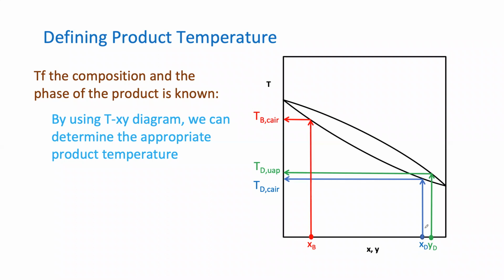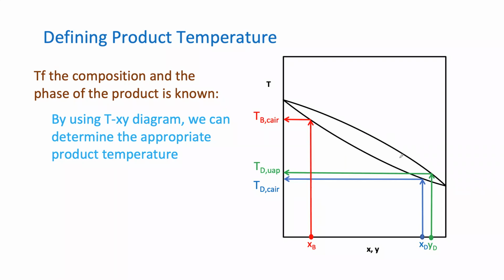That means your distillate temperature is here, because this is the saturated liquid line, the liquidus line; this is vapor and this is liquid. But if you collect the distillate as vapor, then that is your vapor temperature.